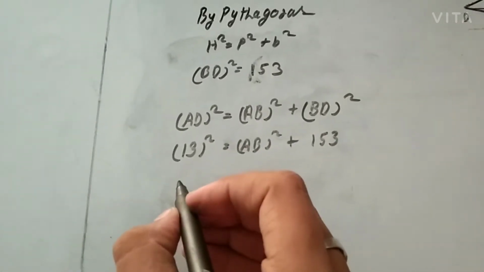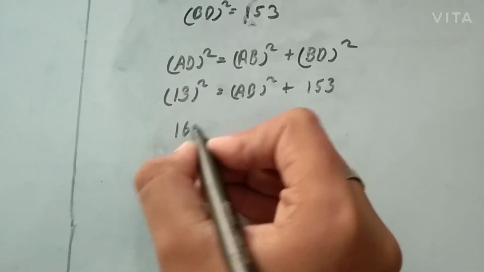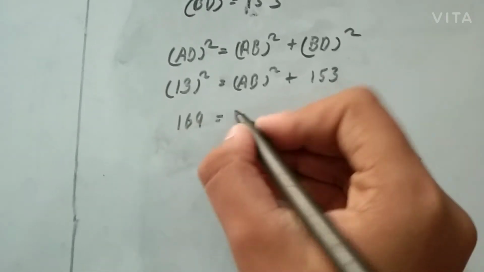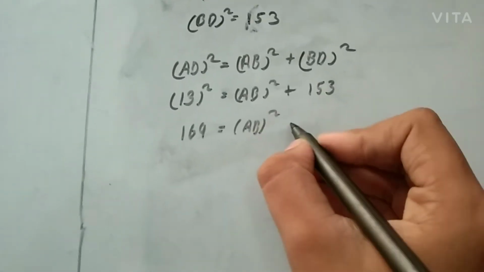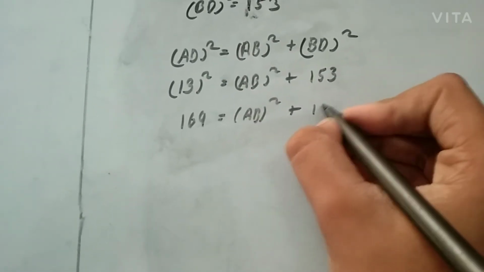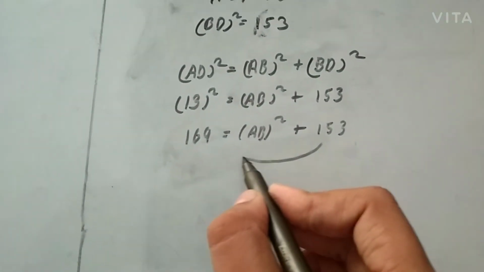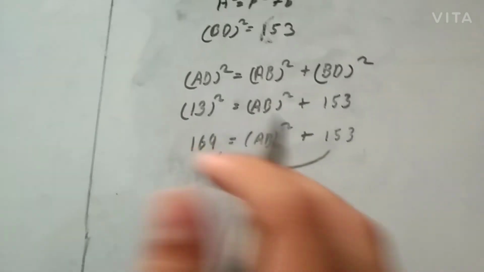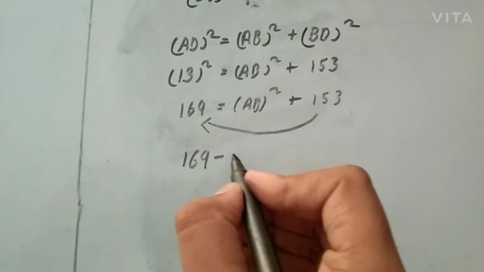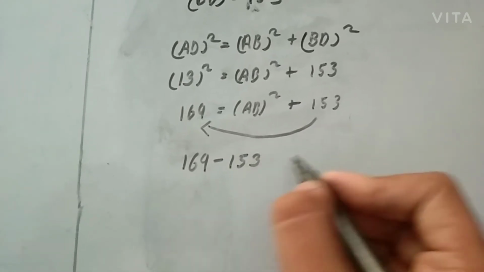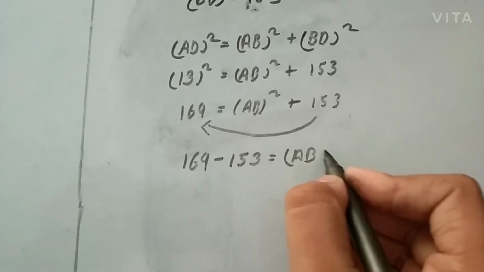So 13 square equals 169 equals AB square plus 153. Now we will take this 153 across the equals sign, and we will get 169 minus 153 equals AB square.